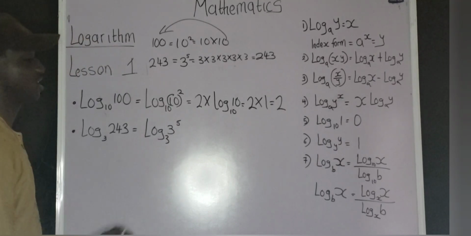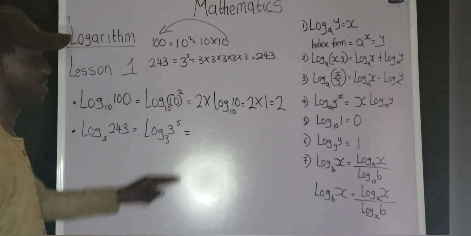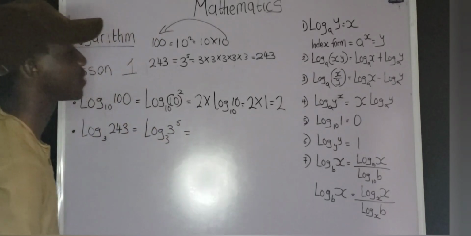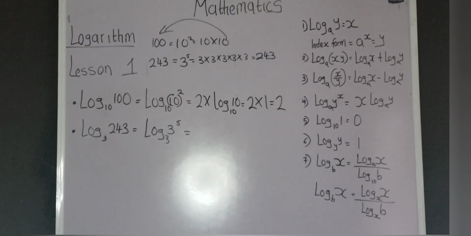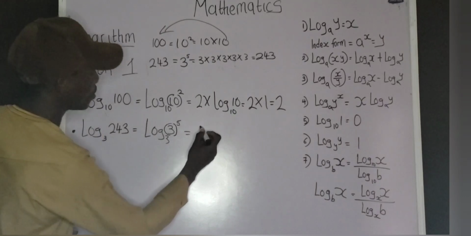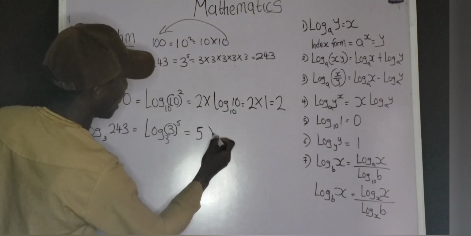So we have gotten to this point. I'm going to make use of the fourth law, which states that the logarithm of a number to a power is the product of that power and the log. So for this, the logarithm of 3 to the power of 5 is the product of 5, which is the power, and the log.